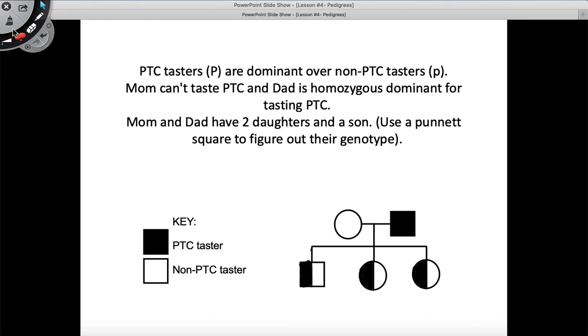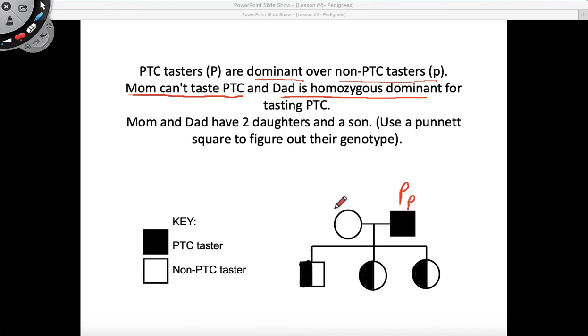Did you get it right? All right, let's take a look here. Mom can't taste PTC, and so mom is a non-taster. PTC tasting is dominant over non-PTC tasters. Dad is homozygous dominant. So this is dad right here, big P, little p.